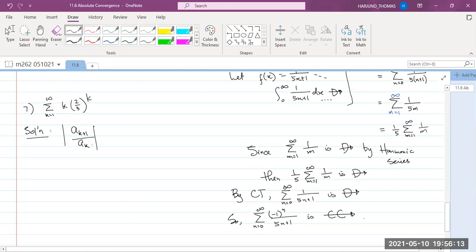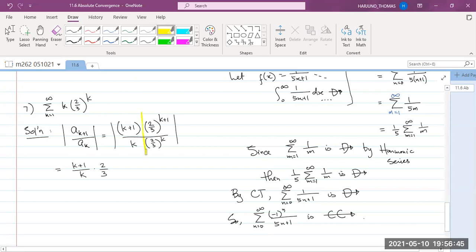This is equal to k plus 1 times 2 over 3 to the k plus 1, over k times 2 over 3 to the k. That is equal to k plus 1 over k times 2 over 3.